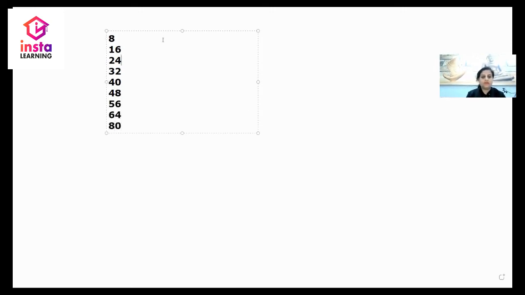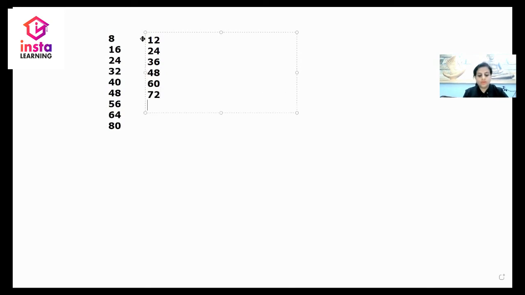On the other hand, we are going to write the table of 12 because it is asked about the LCM: 12, 24, 36, 48, 60, 72, 84, 96, 108 and 120. These are the tables, and we will find out the numbers that match. So what is matching? 24 is matched.